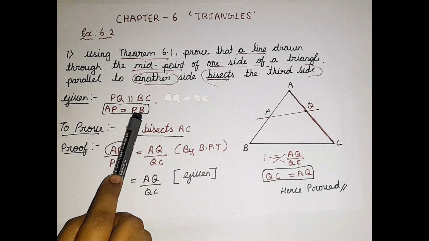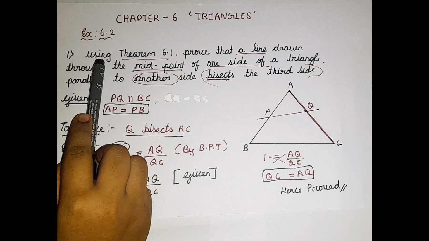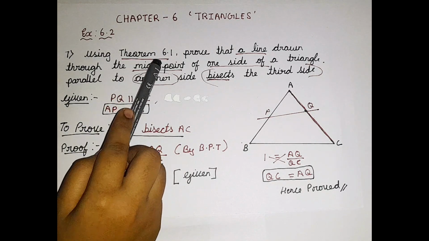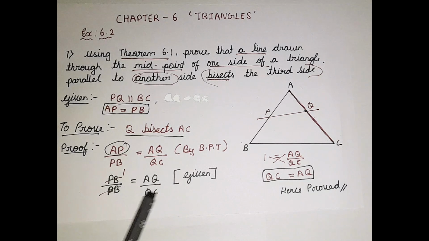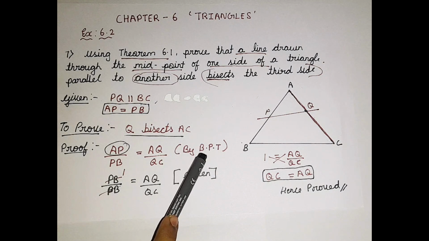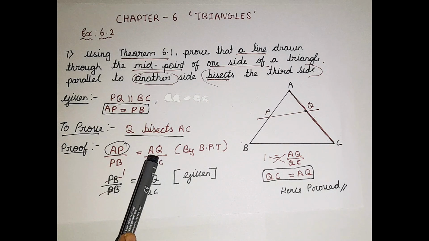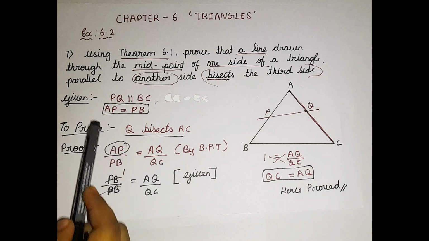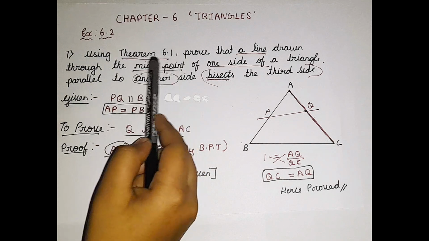Remember that. I am just repeating it again and again because you should understand. In the starting itself they mentioned we are supposed to use theorem 6.1, that is the basic proportionality theorem. So in this question we just used the basic proportionality theorem. We didn't use another theorem, that is the converse theorem, because in the question they mentioned we are supposed to use only this theorem.